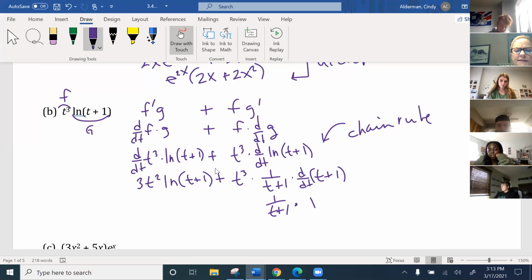All right, let's see if we can simplify this a little bit better here. Where did I get 2t? 3t squared, ln of that plus. I'm doing that thing I do again in my notes where it's like, no, that's not right.